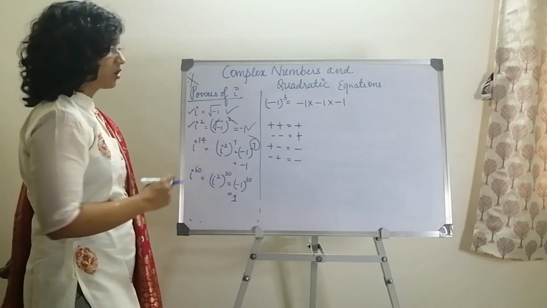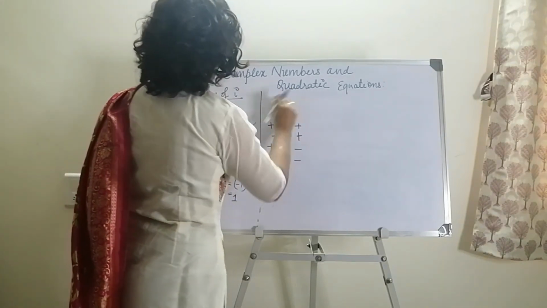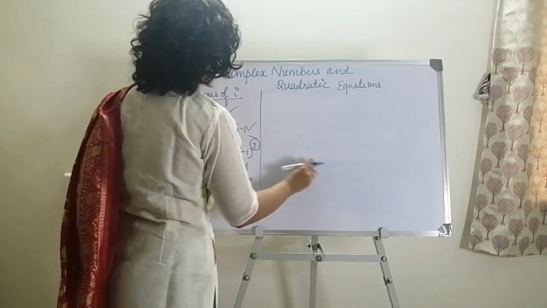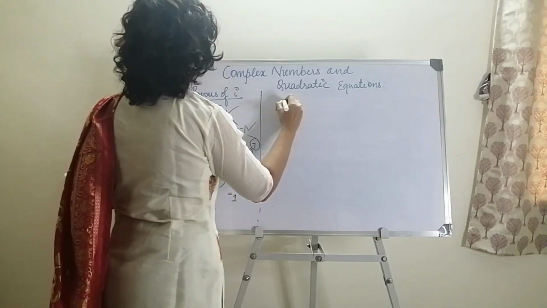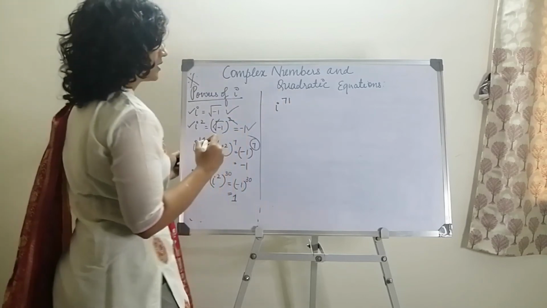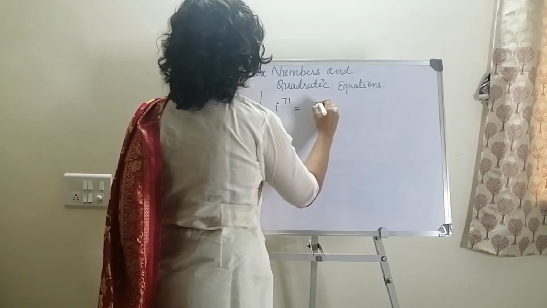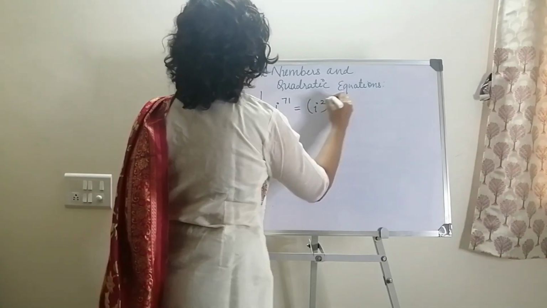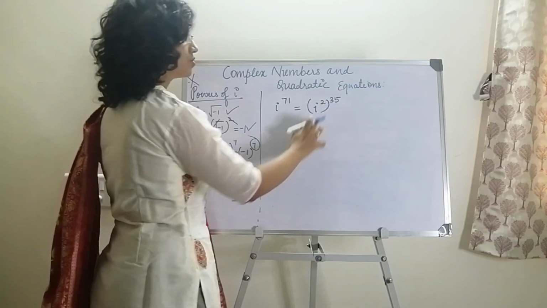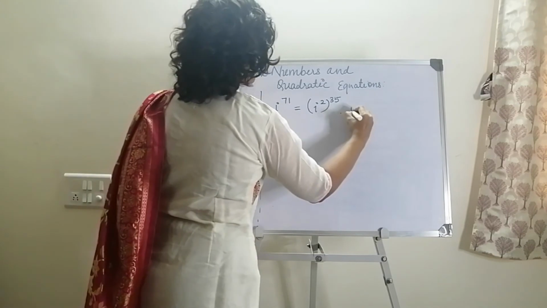Similarly, I will also give you an example of odd powers and then we would proceed with multiplication and division. So for example, if I have i to the power 71, I to the power 71 can be written as i to the power 2 into 35, yes, 35 into 2 will give me 70, leftover term is i.